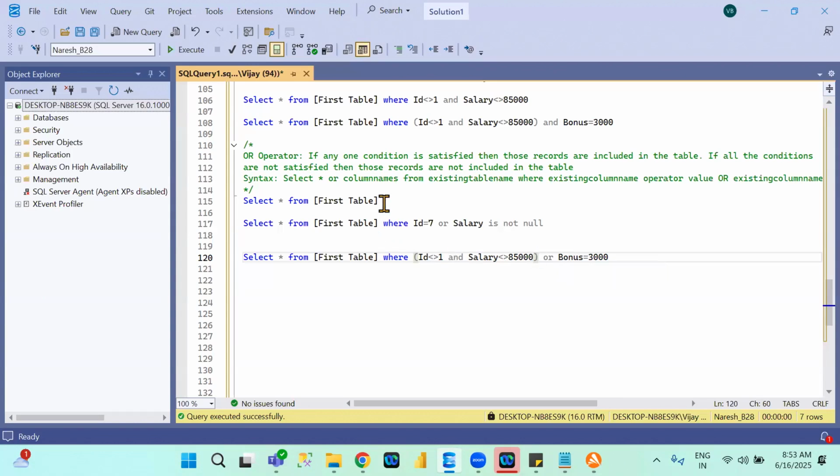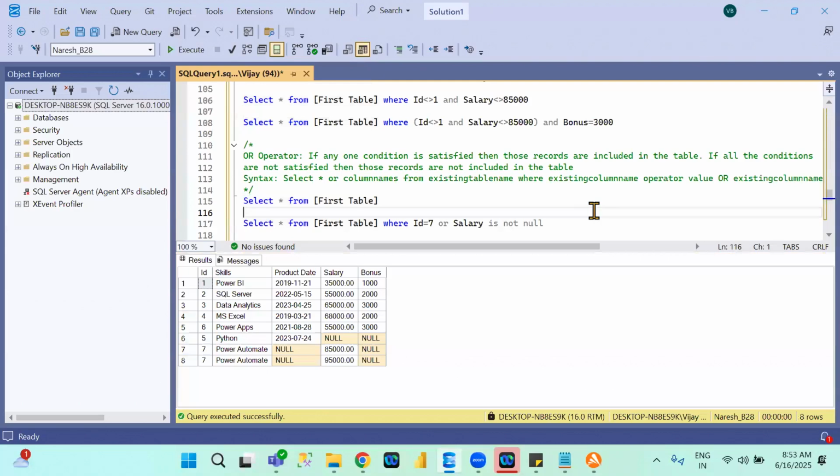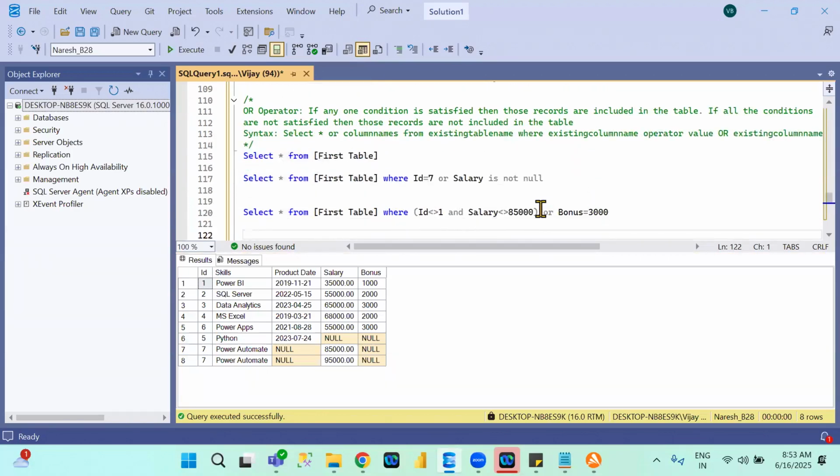Now tell me, which condition is satisfied? ID not equal to 1 and salary not equal to 85,000. What records are there? That means first one, third one, fourth one, next, sixth one. Okay. Next, this one.